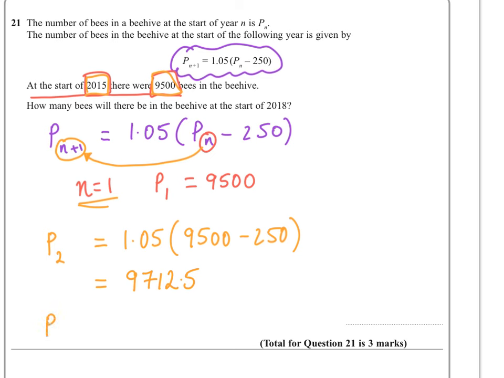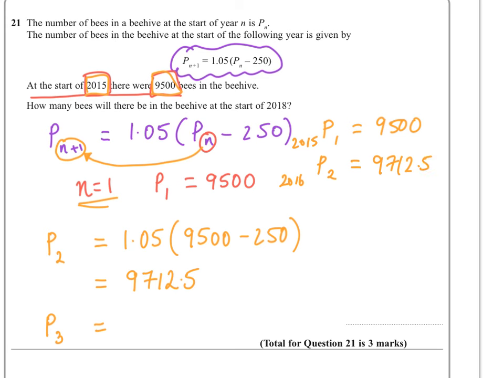So P subscript 3, what do you think that would mean? Well, if P subscript 1 was the start of the first year, then P subscript 2 would be the start of the second year, in this case 2016, because this one was 2015. So we've got 9712.5.